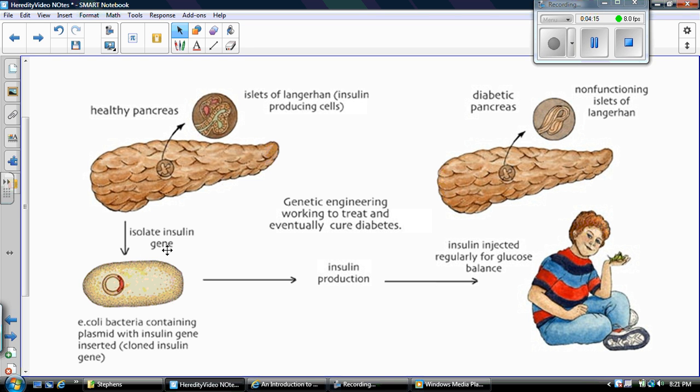And they take that gene and they put it inside a bacteria called E. coli, and they insert that into cells of a pancreas that does not produce very good insulin. And so people with diabetes, they're working on this to cure and treat people who have diabetes. So this is an example of how they can use pieces of DNA to heal or cure and create medicines for people with diseases.